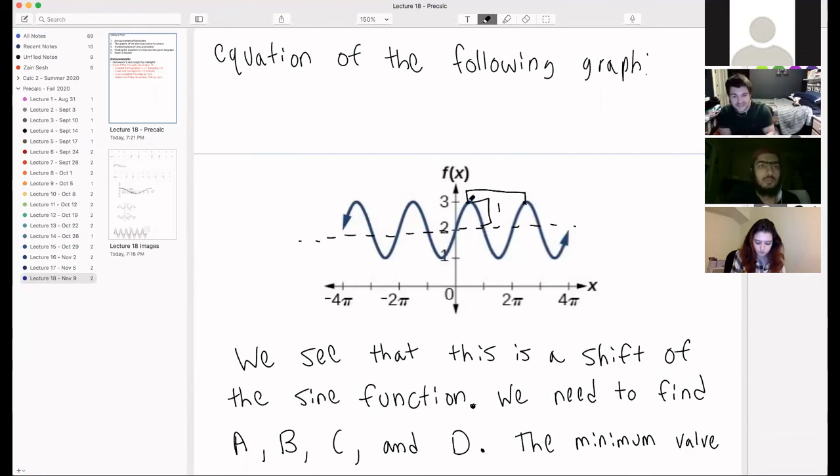Well, it's hard to tell. Maybe that's not the best way to do it. In this case, it's probably best to just look at how long it takes to complete one cycle. So here's one cycle, and that was 2 pi units. I hope everyone agrees. It took 2 pi units to complete one cycle of this graph.